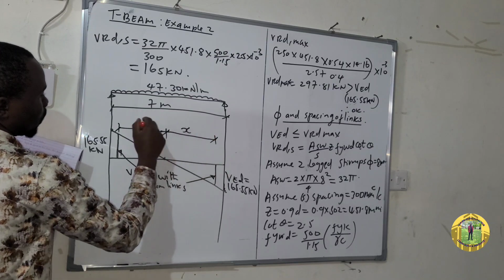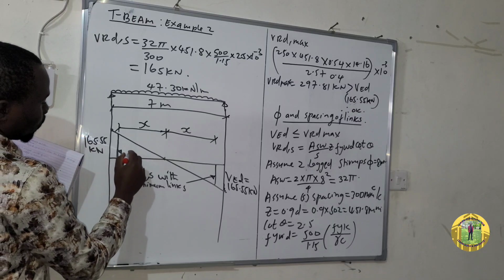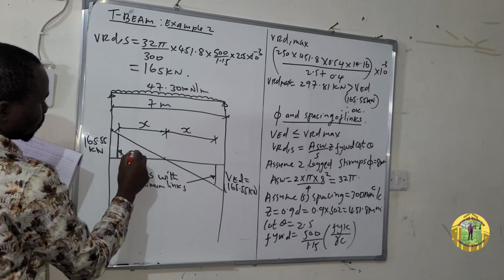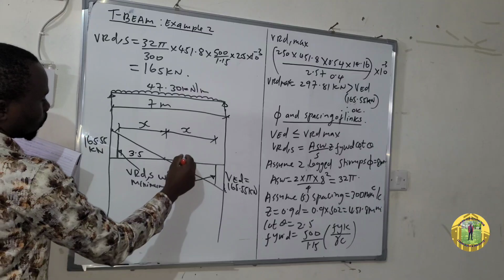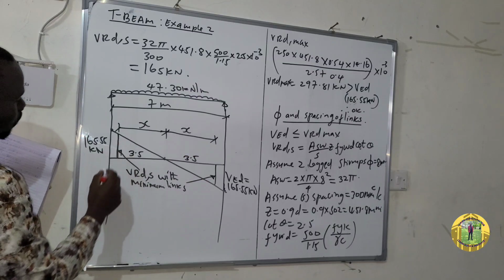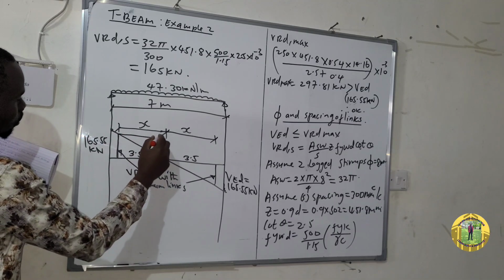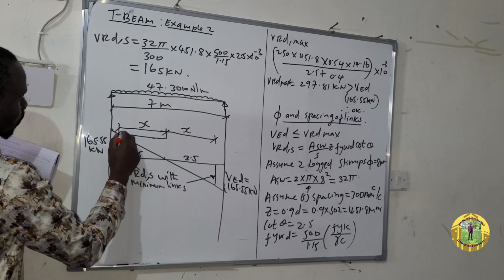Let's call it x because they are the same. So from here, this is 3.5, a half of 7. Also this one is 3.5. So to calculate this distance, take this loading up to this point.